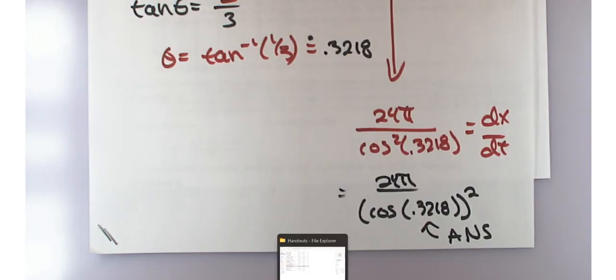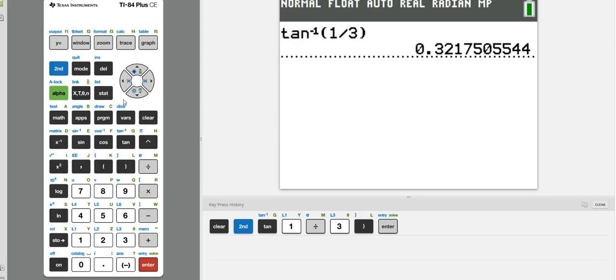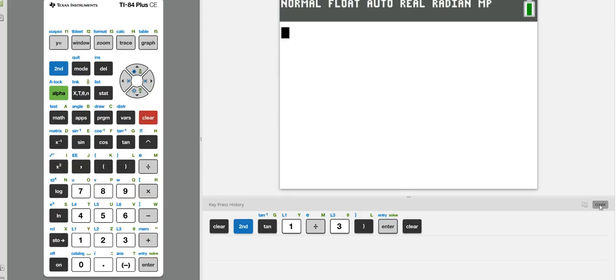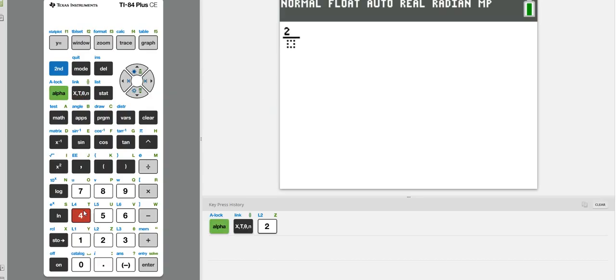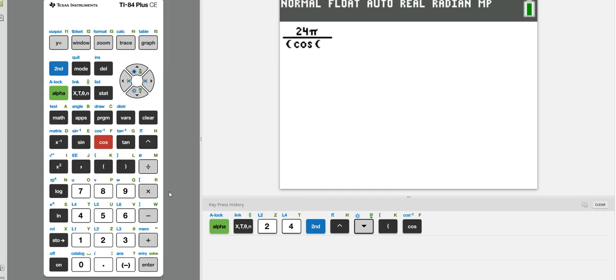So let's take a look at that on our calculator. I'll clear out all my buttons here. It's probably easiest in this one to have a nice horizontal fraction. So I'll hit the alpha key, then the X key, and put in 24 pi in the numerator. And then parenthesis, cosine of my previous answer.